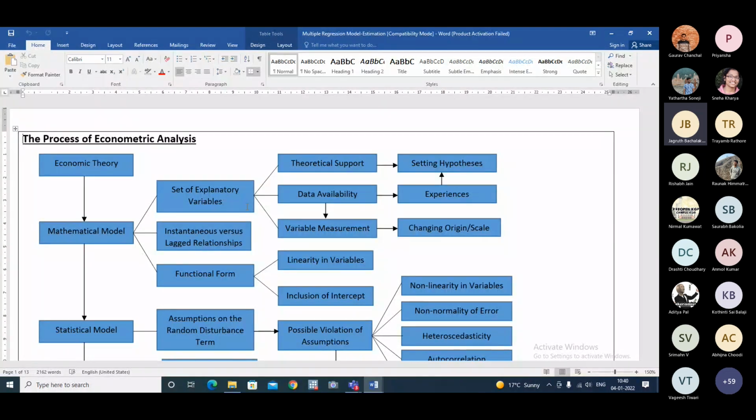Of course, in economics we have an interpretation. For example, the short-run consumption function. There the vertical intercept stands for autonomous consumption.